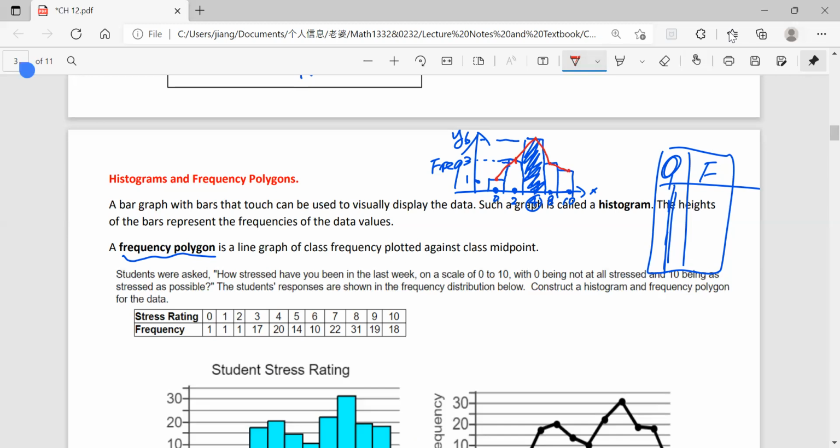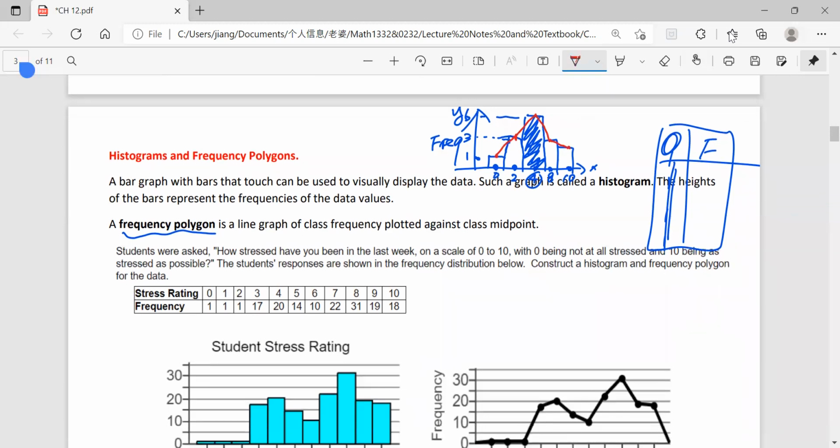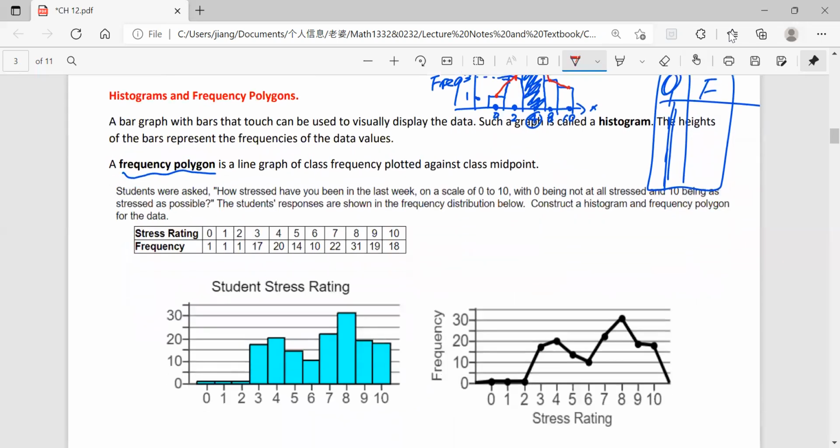This is the frequency polygon. So it's also a way to display the data. If you have the histogram, you can create the frequency polygon. If you have the frequency polygon, you can also convert it to the histogram.